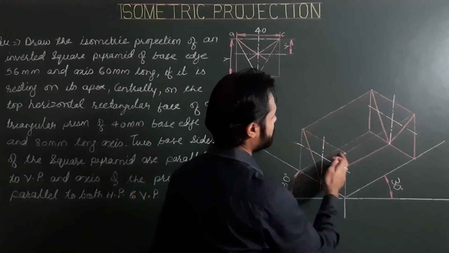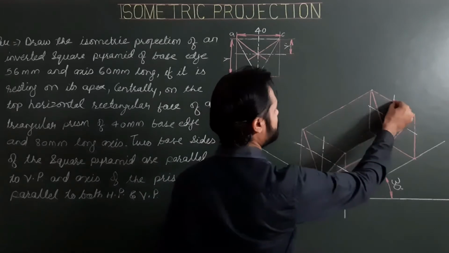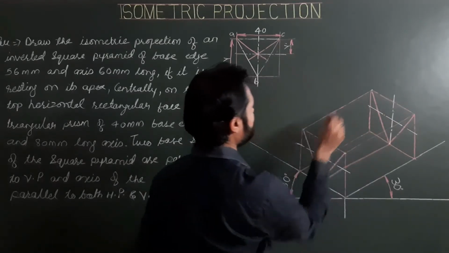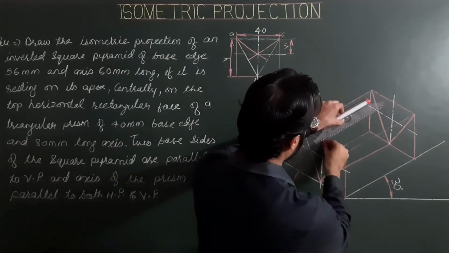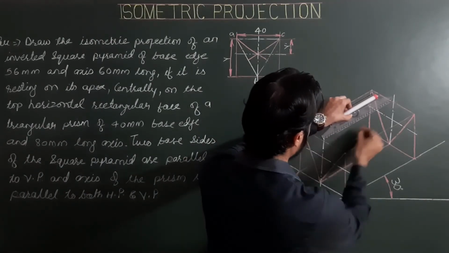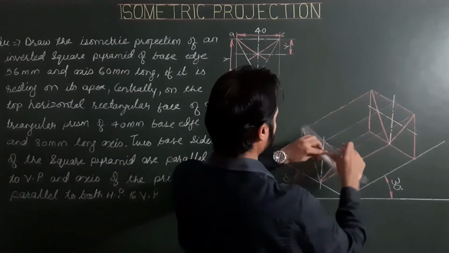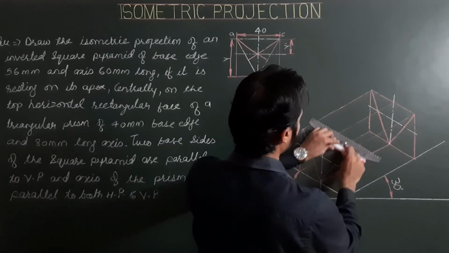Centrally means we have to locate the center of this rectangular plane. So from midpoints of all four sides of the rectangular face, drawing lines parallel to again first and second axis.